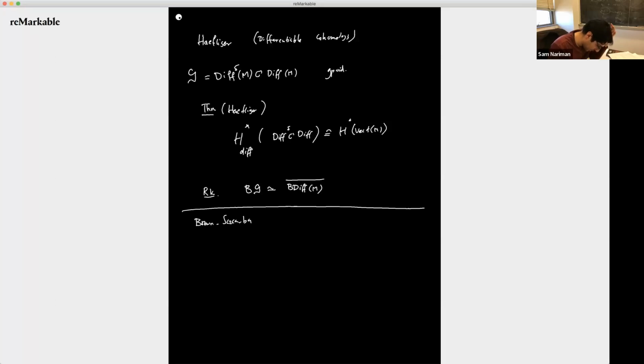I'm going to tell you what this is briefly. So if you consider G to be Diff of M, you can consider a smooth singular set of G, and then divide by G. This is a simplicial space.